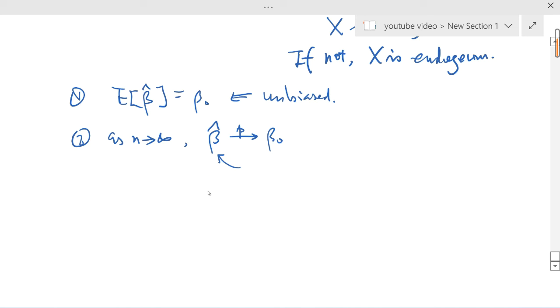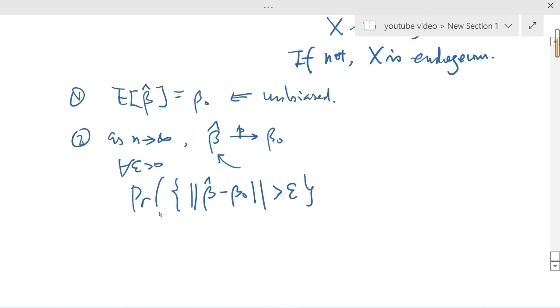Basically, I mean that the distance of beta hat from the true value, this is the Euclidean norm, the event that this is bigger than, say, epsilon, where I can fix any small positive epsilon, the probability of this event happening will go to 0 as n approaches infinity.